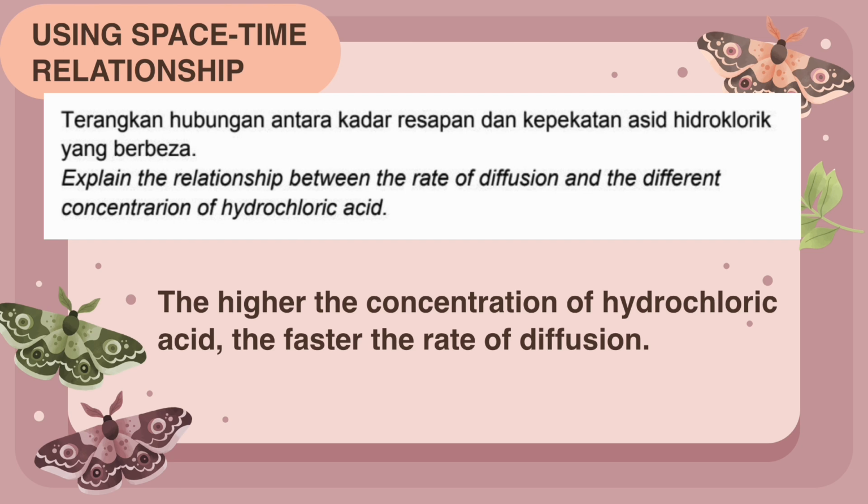The question under space-time relationship is, explain the relationship between rate of diffusion and the different concentration of hydrochloric acid. Based on the previous table, we can say that the higher the concentration of hydrochloric acid, the faster the rate of diffusion.